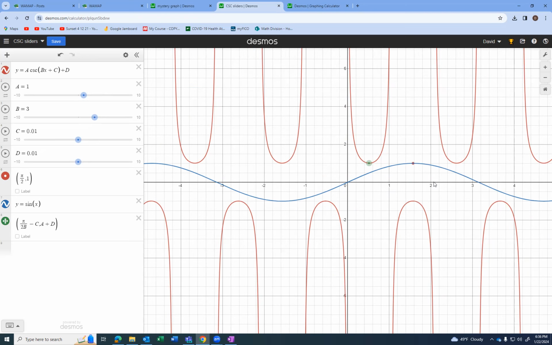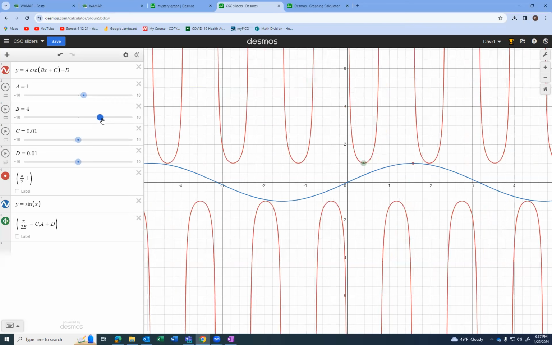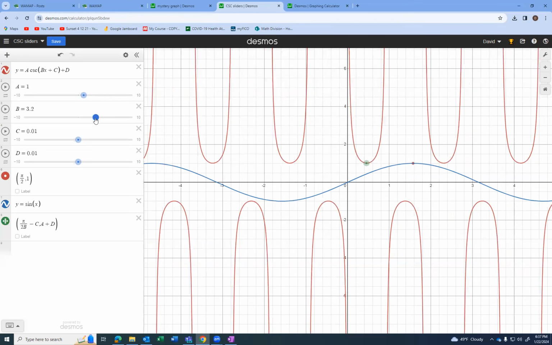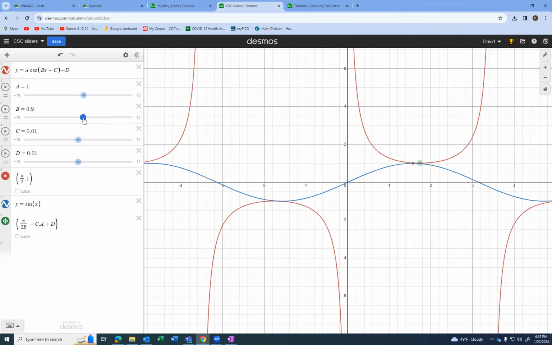Since pi is about 3, it's almost 6 divided by 3, but not quite 2. It's a little bit farther to the right of 2 for our period. So 2 pi divided by b gives you the period. As b gets larger, the period gets smaller. As b gets smaller, the period gets larger.